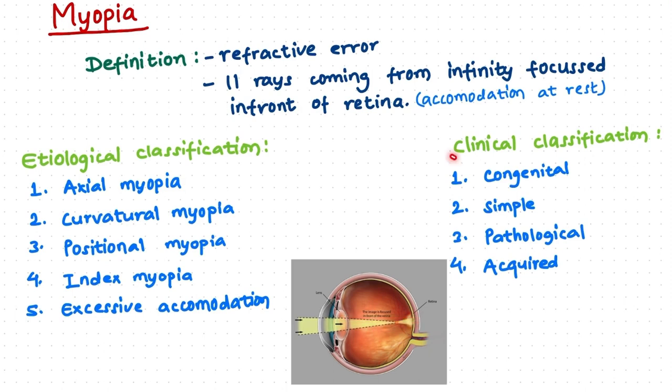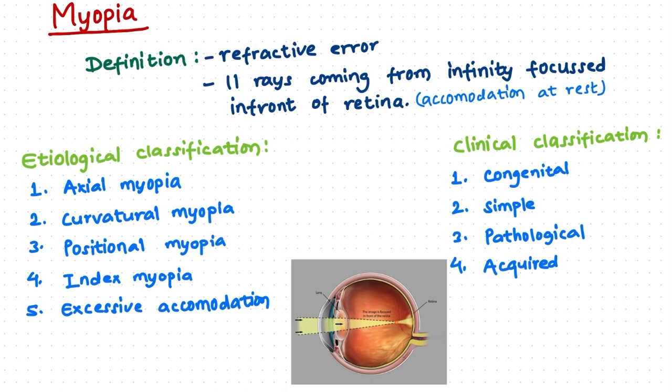Now clinical classification. Clinically it can be classified into congenital, simple, pathological and acquired. The simple myopia can also be called developmental myopia, pathological myopia can also be called degenerative myopia, and acquired myopia can also be called secondary myopia, right?